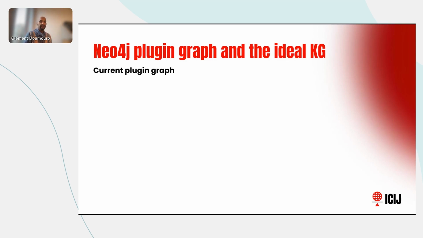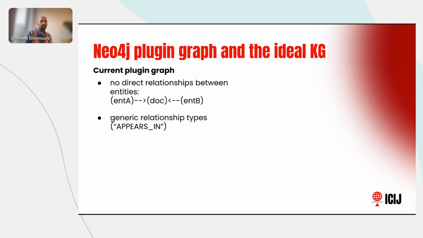As you could see, this graph is quite raw and simple. There's no direct relationship between entities. The entities are connected together through documents. We also have quite generic and not specific relationship types. You could also see that the graph is a bit noisy because of OCR errors and unresolved NER errors.